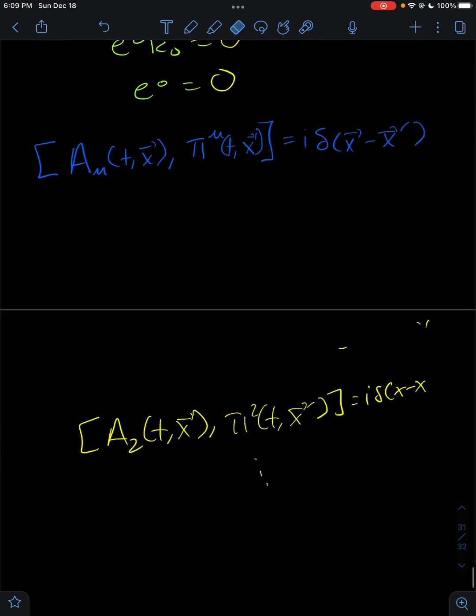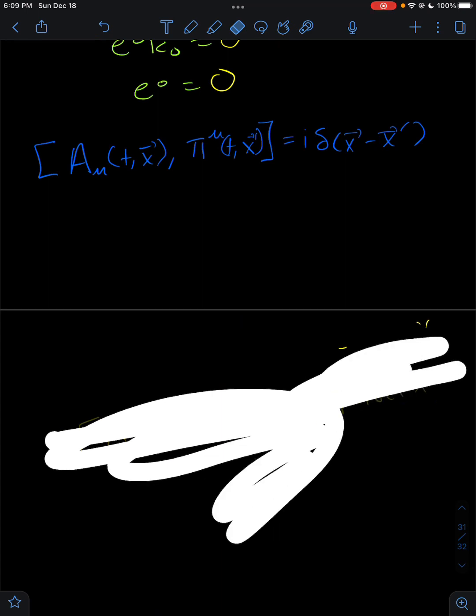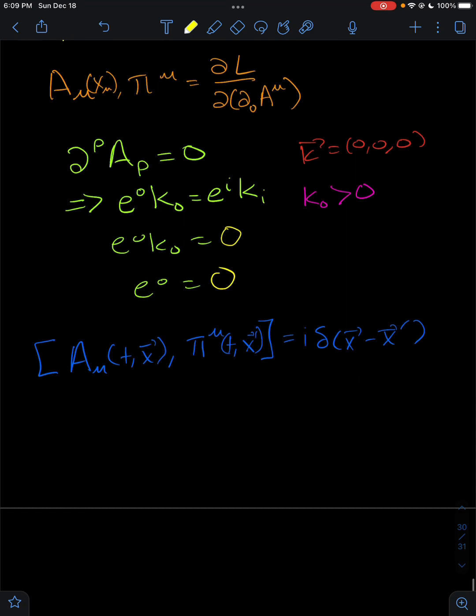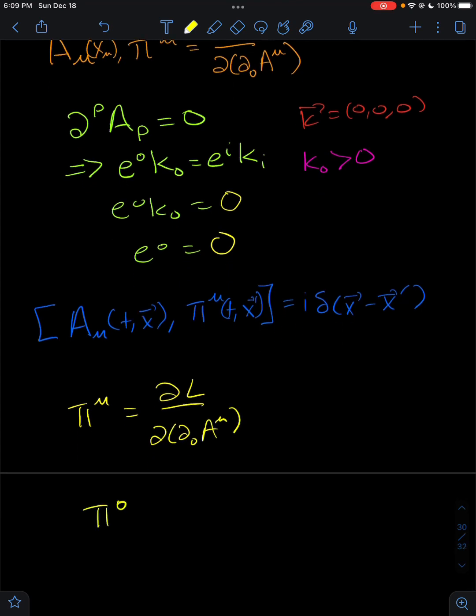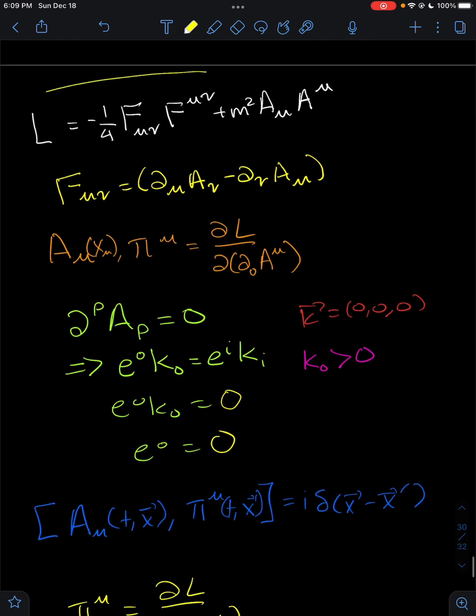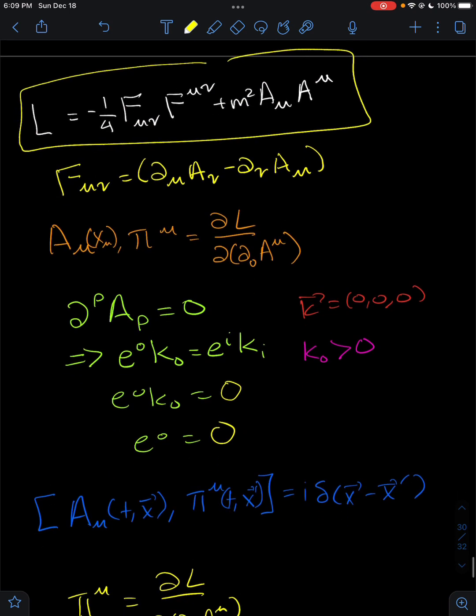Now let's actually calculate the commutator explicitly for the first component. The conjugate momentum density pi mu is partial L over partial of the time derivative of A mu. This means that pi 0 is going to be partial L over partial of the time derivative of A0. Let's take a look at our Lagrangian for the Proca equation. It's this over here, right?